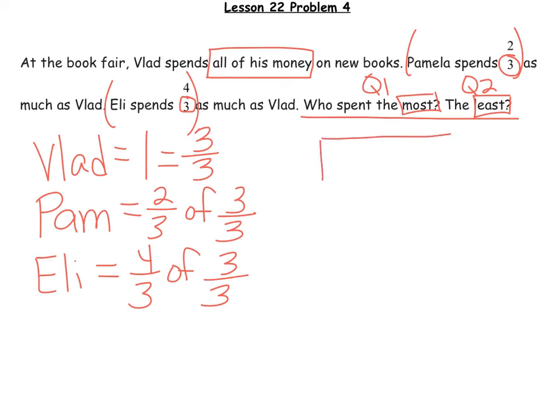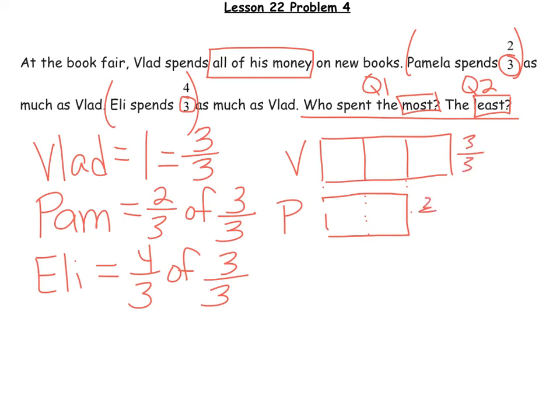So Vlad is 3/3. Okay. V for Vlad. Pam is 2/3 of 3/3. So I'm only going to bring down 2 of the thirds. So there's Pam. Definitely 2/3. So 3/3, 2/3.